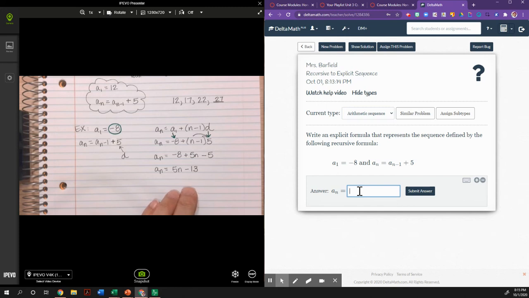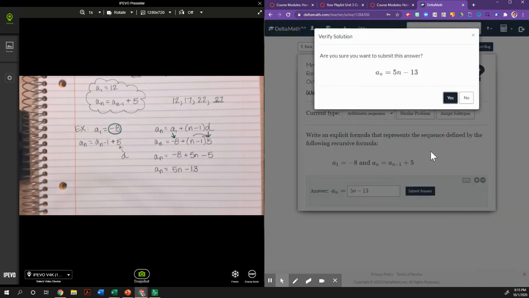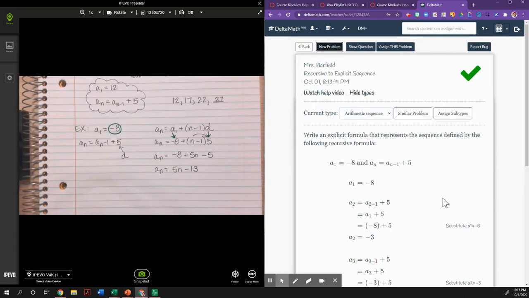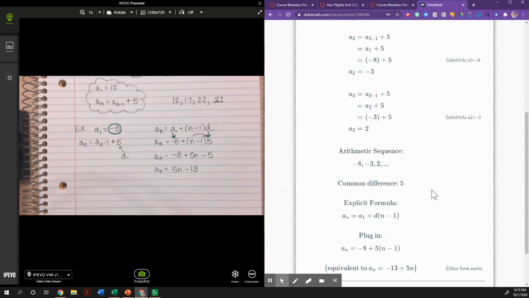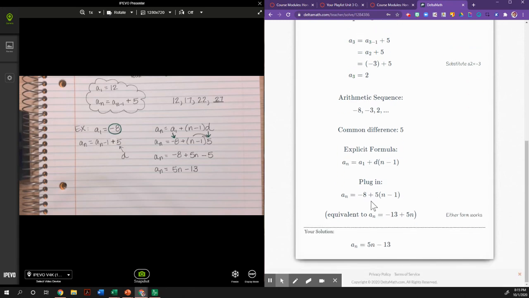I'll enter 5n minus 13 and submit my answer. Yes, there we go. You can see here the equivalent is negative 13 plus 5n, and it looks like either form works. I think they'll accept it without you having to simplify it.